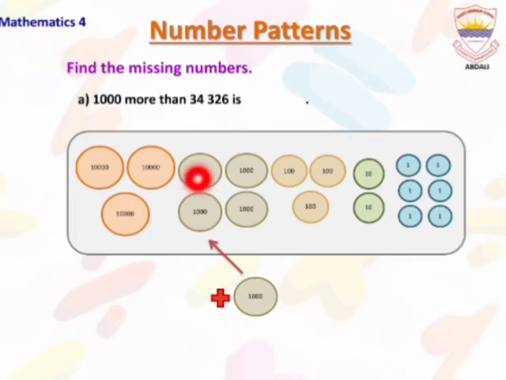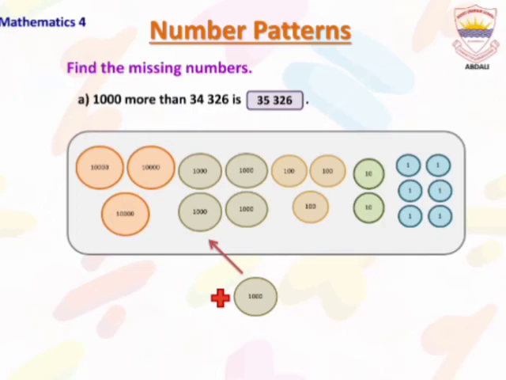We get a total of 5 disks of 1,000. When we add 1,000 more to 34,326, we get 35,326.